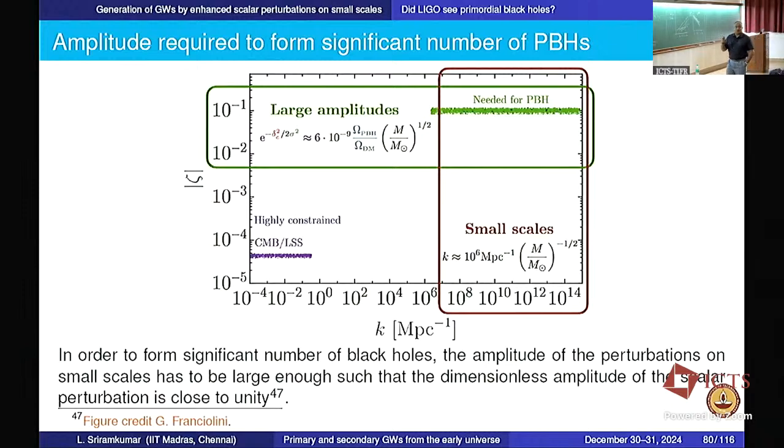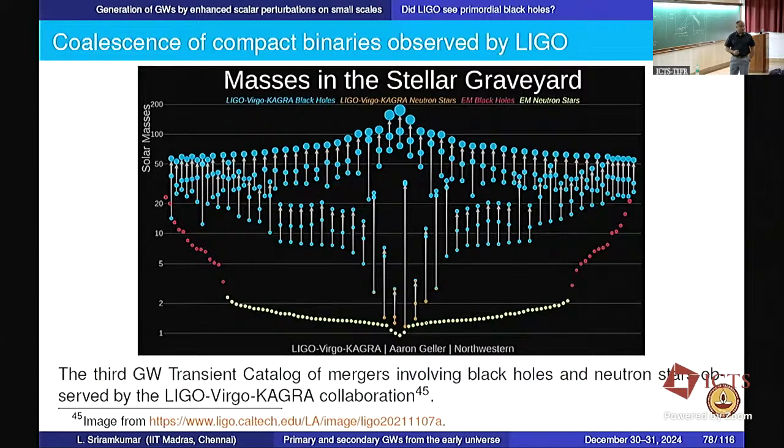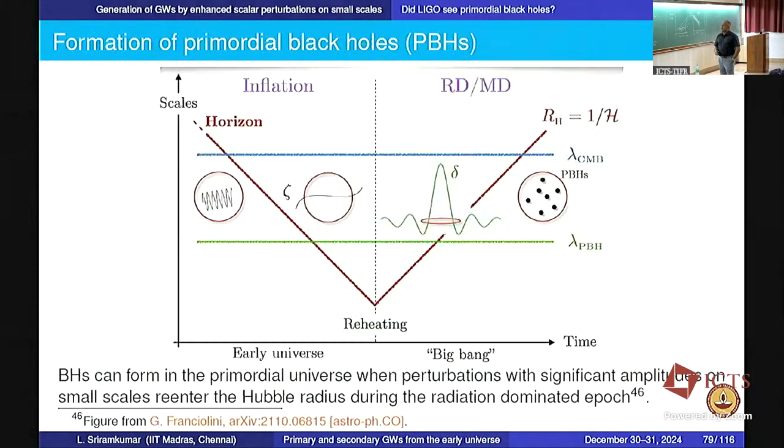If you want to produce enough black holes, this should be close to order 1 or 0.1 or so. If you have only slow roll inflation from the start to the end, you will not be able to form enough black holes, and they will not be able to explain the black holes that LIGO has seen.